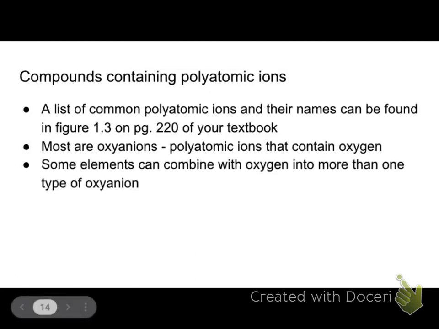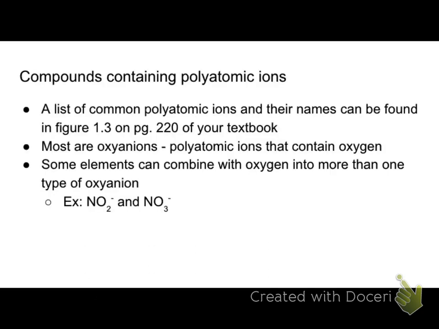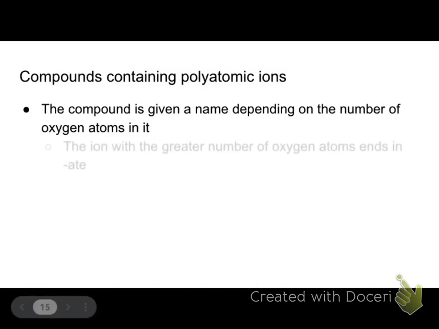Some elements can combine with oxygen into more than one type of oxyanion. For example, nitrogen and oxygen can combine into NO2- and NO3-. So see how it can do more than one? The compound is given a name that depends on the number of oxygen atoms in it.